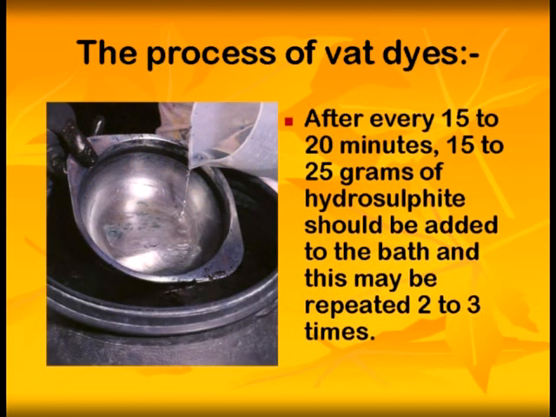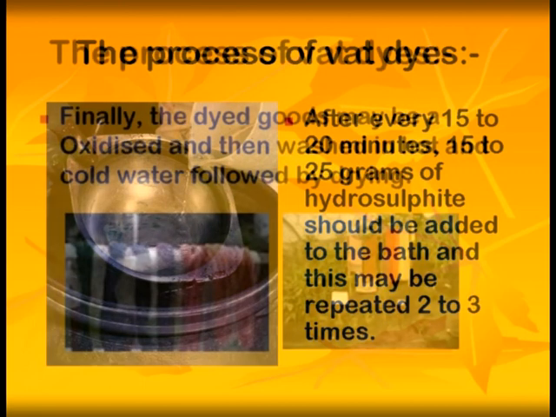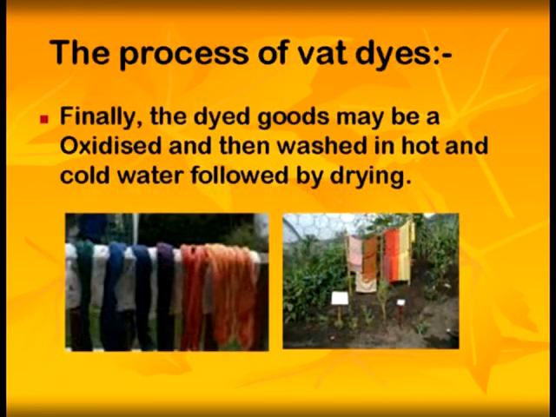After every 15 to 20 minutes, 15 to 20 grams of hydrosulfite should be added to the bath, and this may be repeated 2 to 3 times. The goods may be removed after 1 hour of dyeing and then washed a few times in cold water.